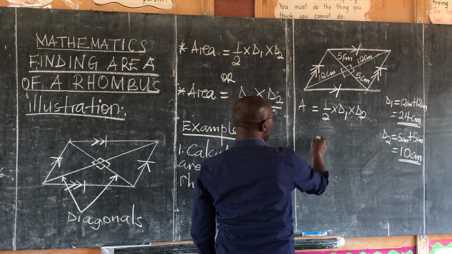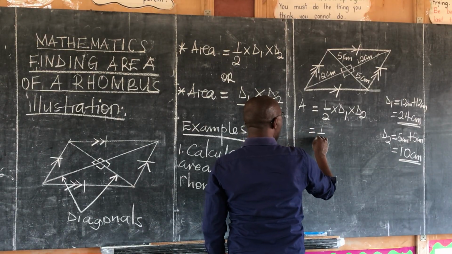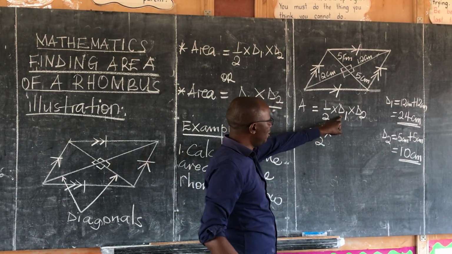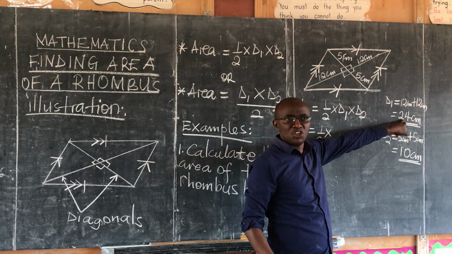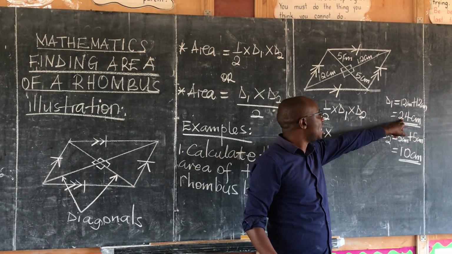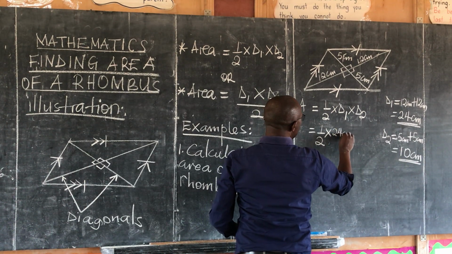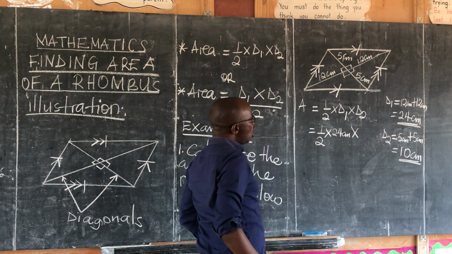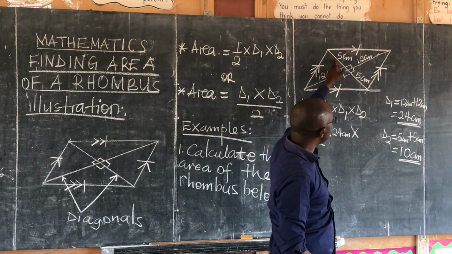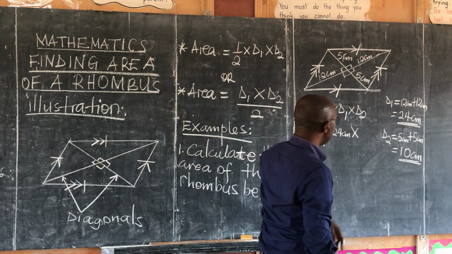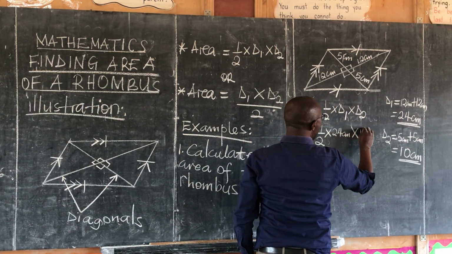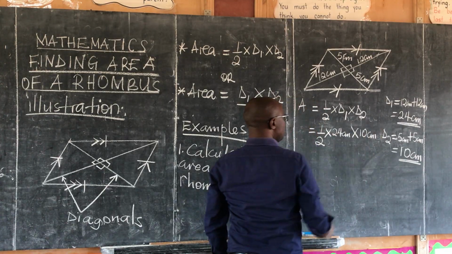Now I substitute into my formula. It is a half times diagonal 1, which is 24 centimeters, times diagonal 2, which is 10 centimeters.